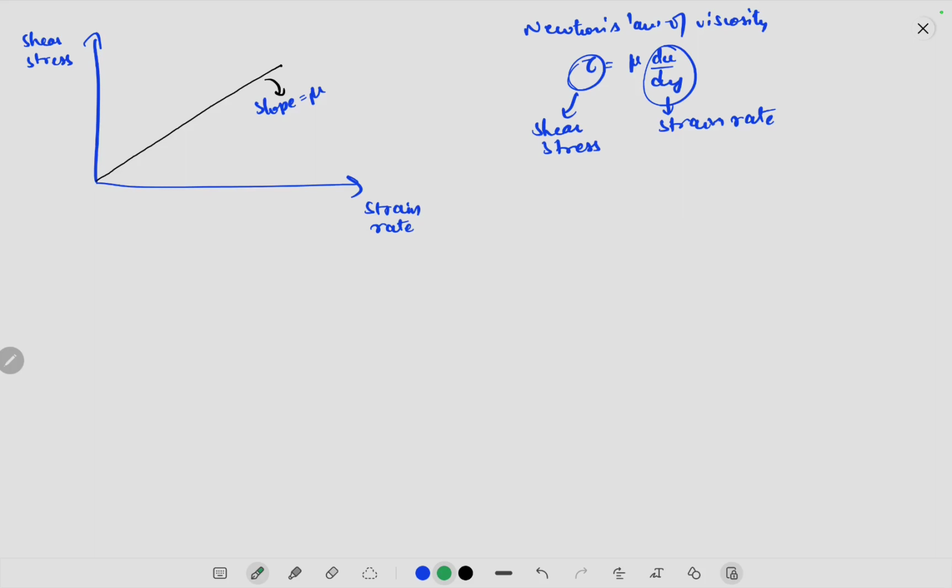So let's talk about them one after the other. One category of fluids shows this kind of behavior. These kinds of materials are called Bingham plastics.